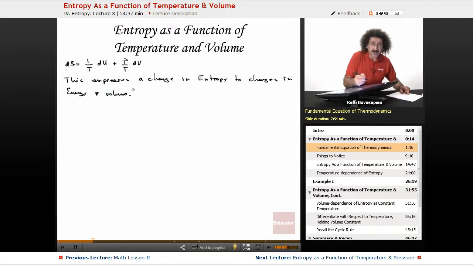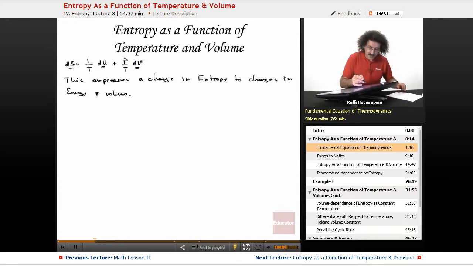In other words, I can change the energy, I can change the volume, or I can change both. Either one of those or combined changes the entropy. I have two independent ways of changing the entropy: I can change the energy of the system, or I can change the volume of the system. That's all this equation says.